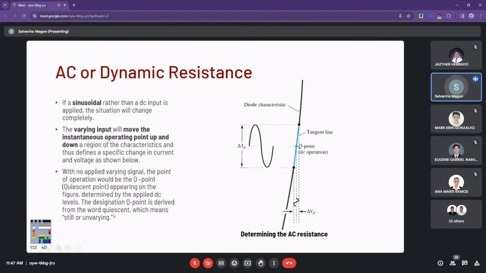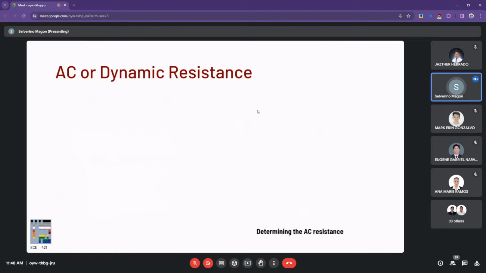The designation of the Q point is based on the fact that the output is unvarying in this region. So you can think of applications where you apply a fluctuating voltage input here, so that you can have fluctuating current outputs also, exploiting this part of the response curves of our diodes.